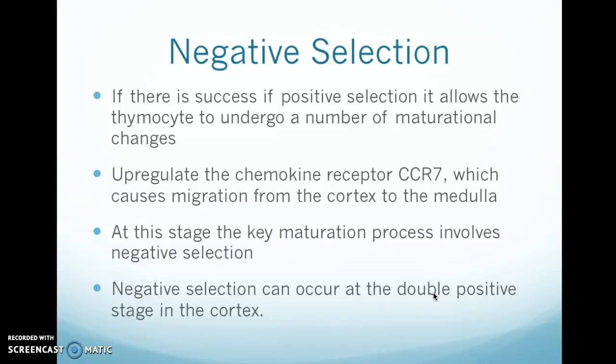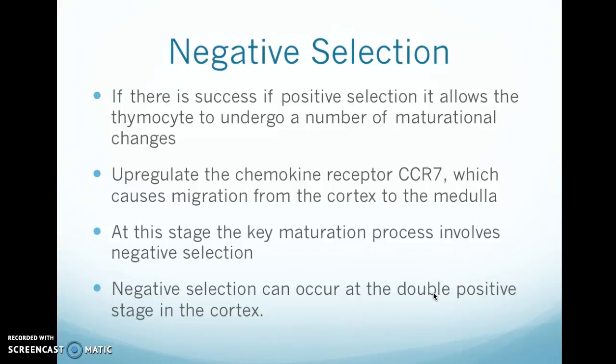Negative selection can occur at the double positive stage in the cortex. Negative selection is not always 100% effective, and some autoreactive T cells escape thymic censorship and are released into circulation. Autoreactive CD4 plus and CD8 plus thymocytes with high affinity receptors for MHC self-peptide combinations are potentially dangerous to an organism, and many are killed by negative selection in the thymus.